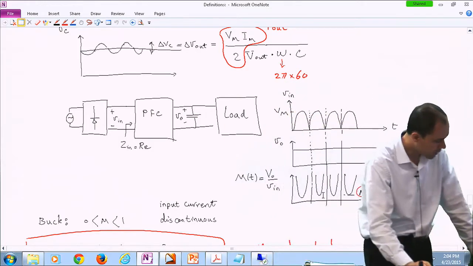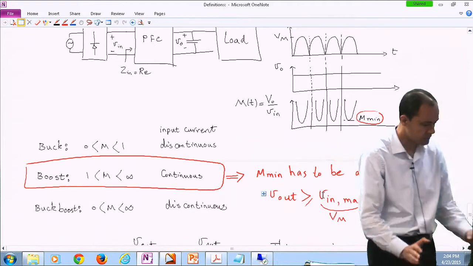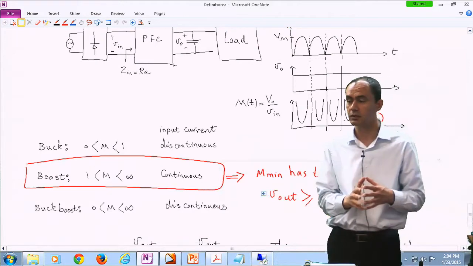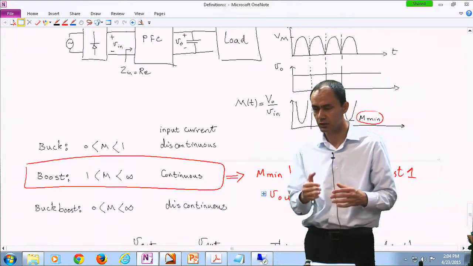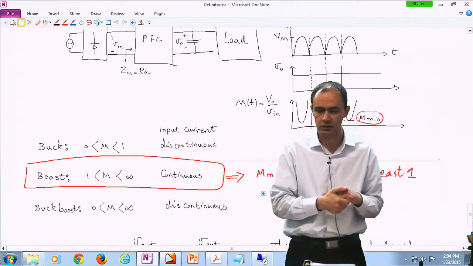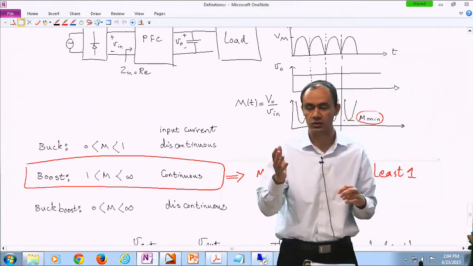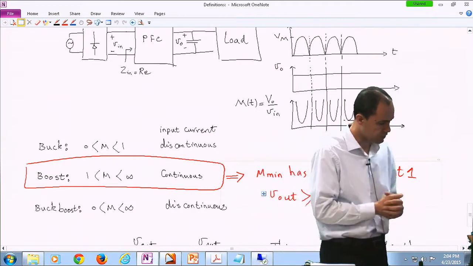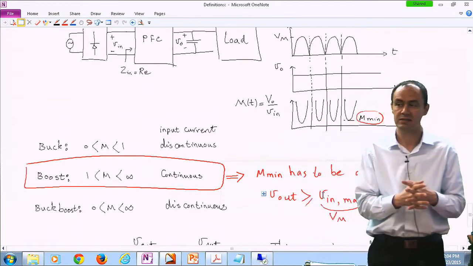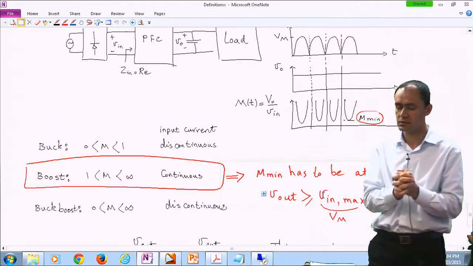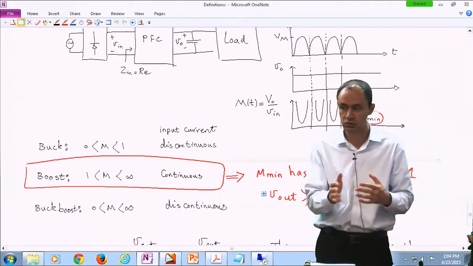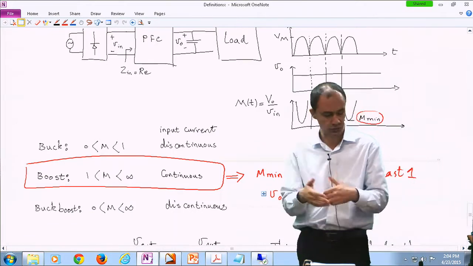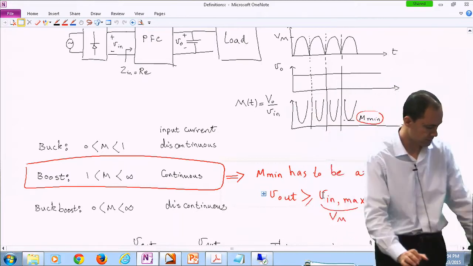So between the buck, boost and buck-boost converters, you can see that the boost would be the best candidate, because in the boost converter, you can always have an output voltage that is larger than the input voltage. Another advantage that the boost converter has is that the input current is continuous, and continuous currents are always preferred compared to discrete currents.